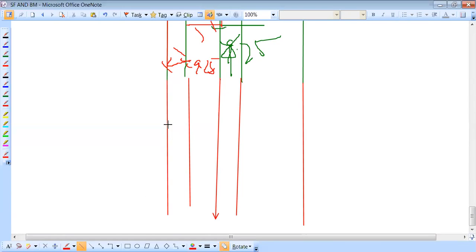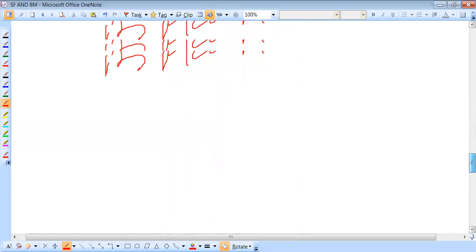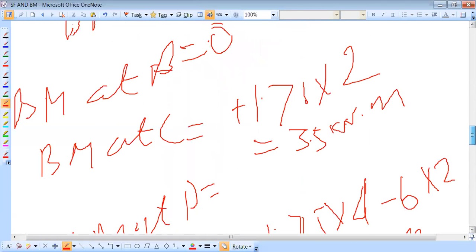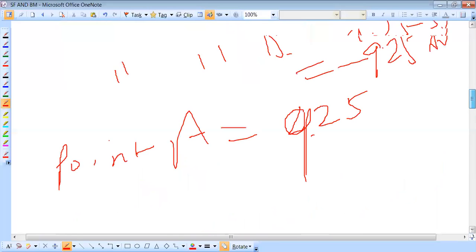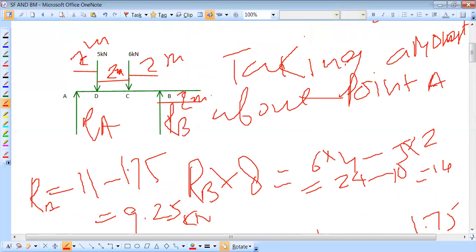So draw a straight line here. Then no BM here, so BM is equal to 0. But here also 0, because about any fixed point BM is equal to 0. You see the diagram here. So BM here is equal to 0. Then BM at this point, no load condition, so BM is also 0.